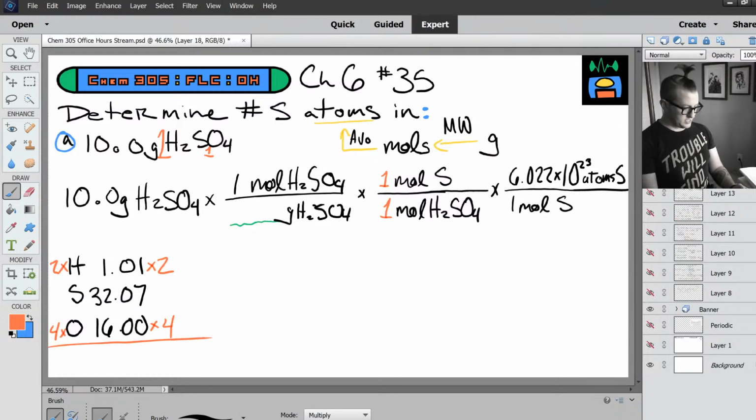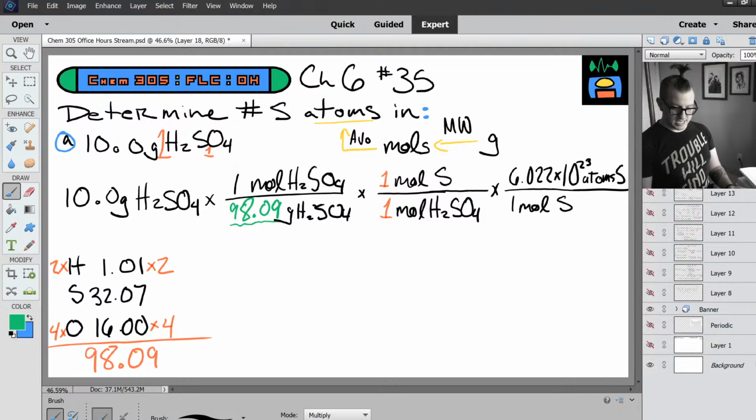All right, so 16 times 4 is 64, plus 32.07, plus 2.02 gives us a molecular weight of 98.09. And that'll go in here. 98.09.